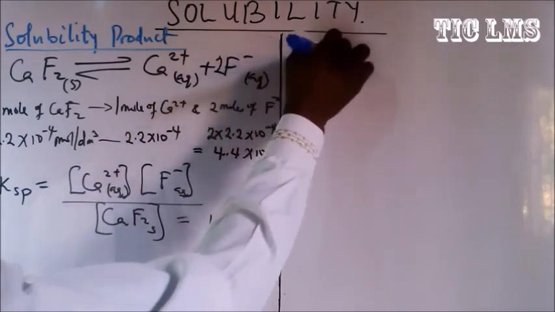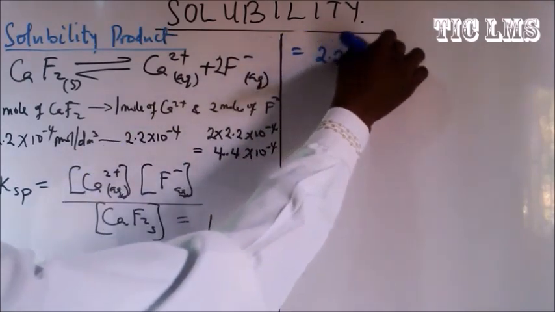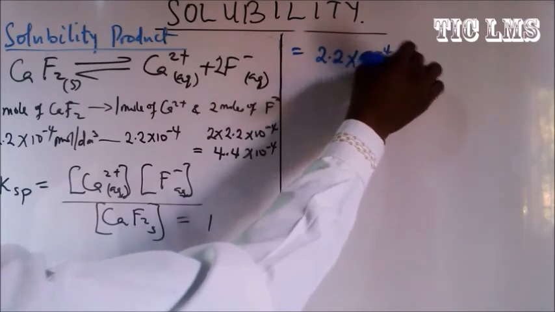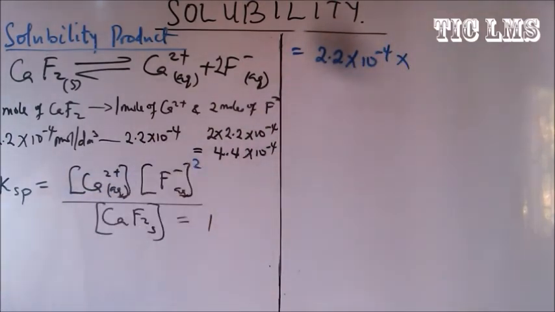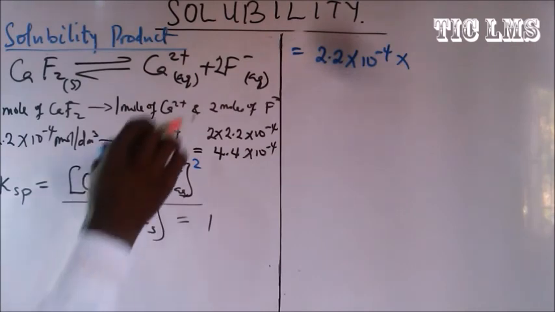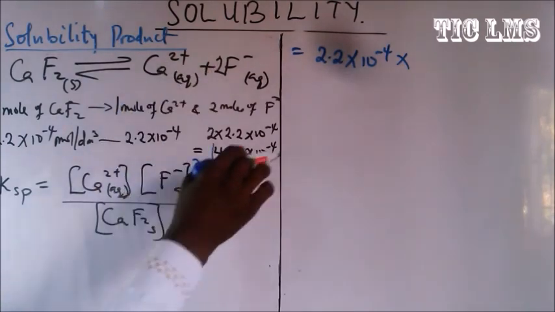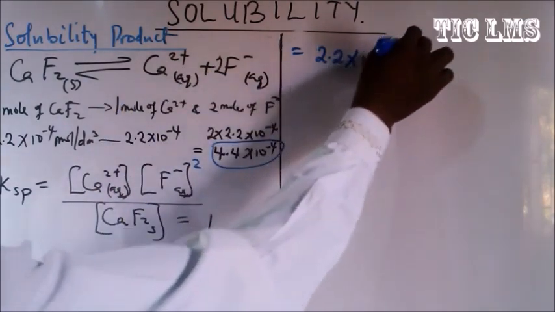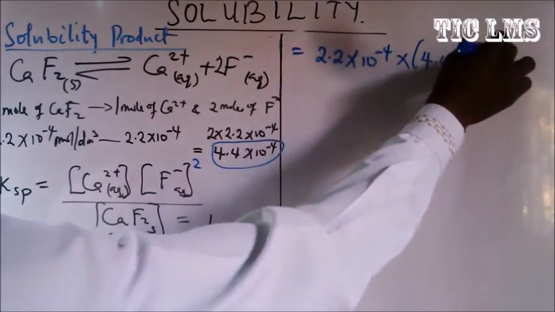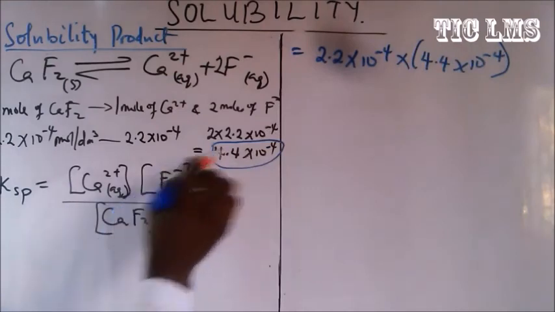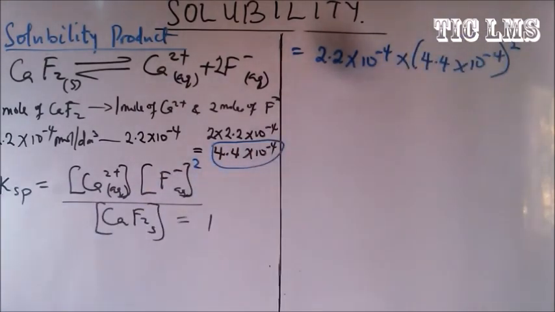So we have 2.2 times 10 to the power of minus 4 multiplied by, for fluorine, we need to place 2 over here because there are 2 moles of fluorine, so we place 2 on top there. So take note of that. The solubility of the fluorine ion, which was given here, is 4.4. So we have 4.4 times 10 to the power of minus 4 raised to power 2, and so we have our 2 on top.